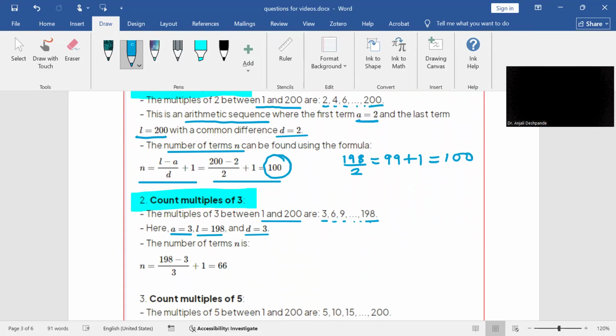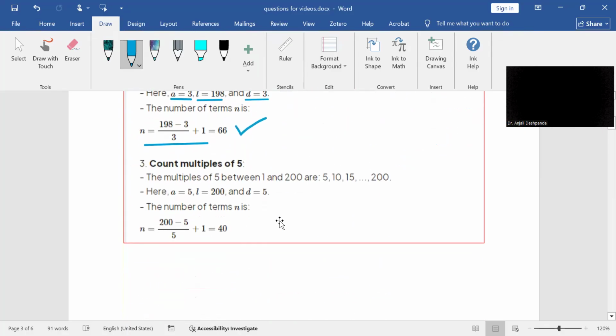Once again, we use the formula L minus A upon D, plus 1. So 198 minus 3 is 195, divided by 3 is 65, plus 1 gives us 66.